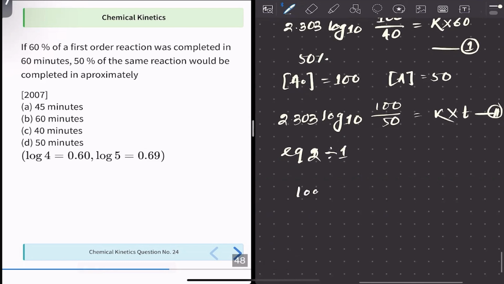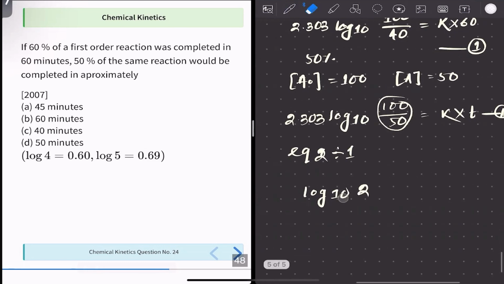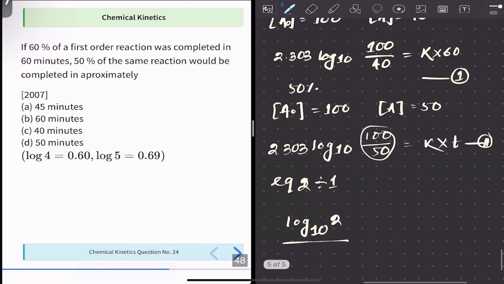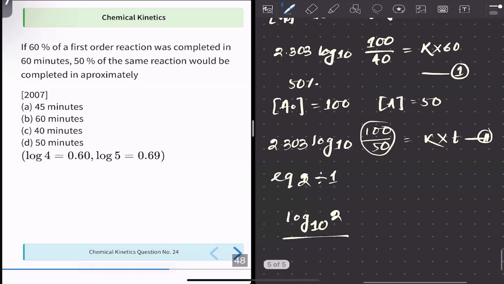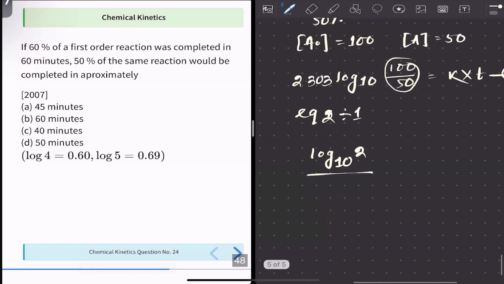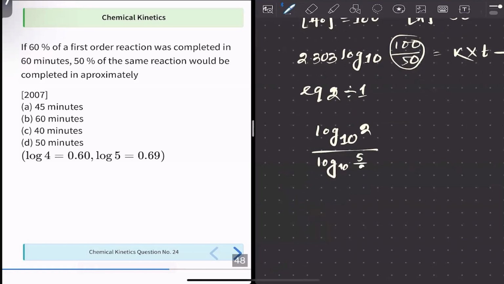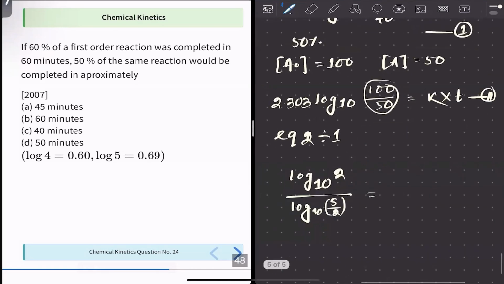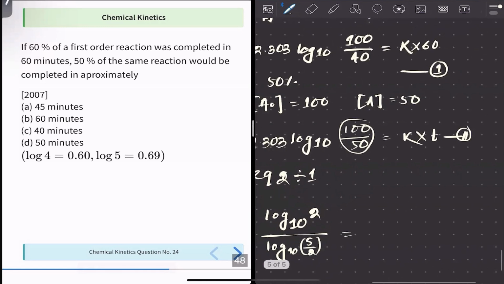So log 10 2 divided by log 10 10 by 4, means 5 by 2, is equal to 60 by t.